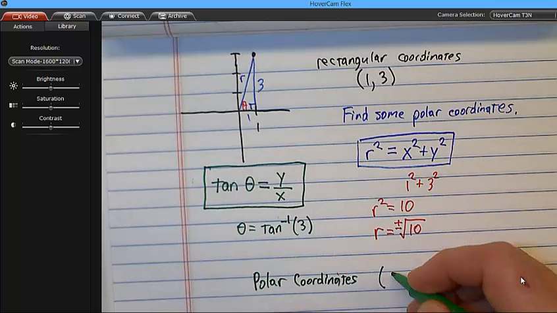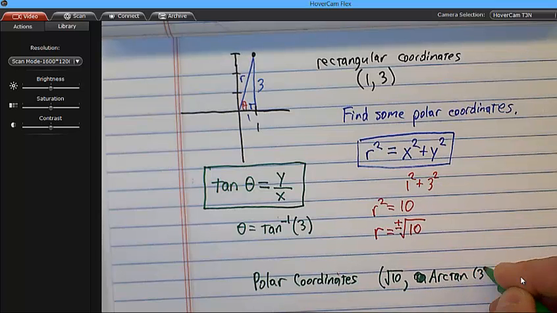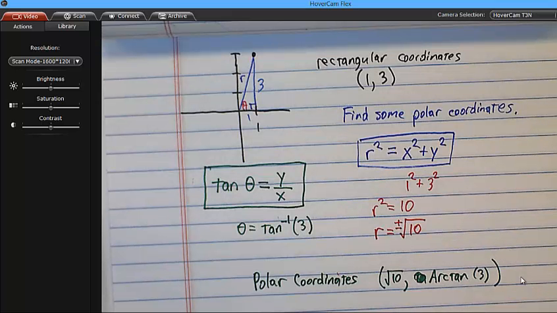They'll say square root of 10, comma, oh no, they don't write tan inverse. They'll write arc tan of 3, and that might be an answer. Does that make sense to people?